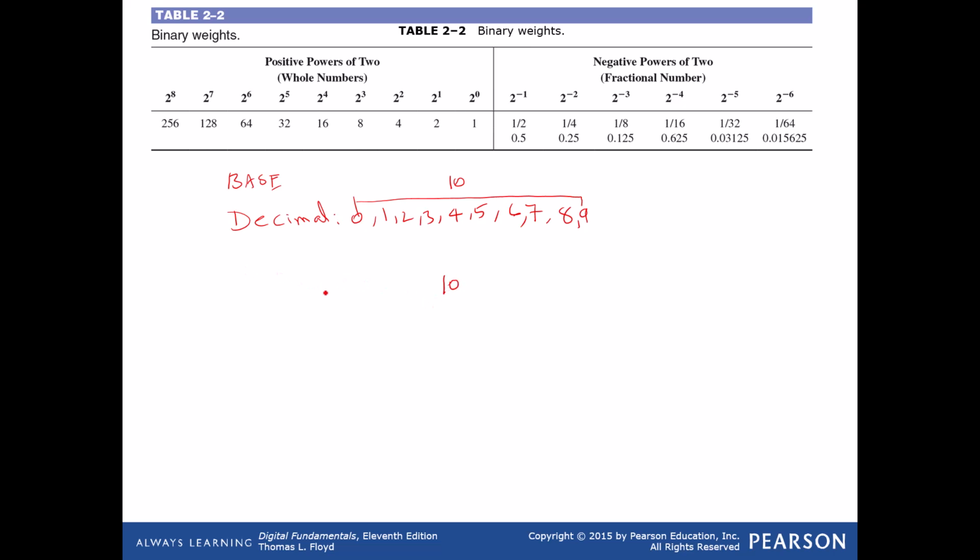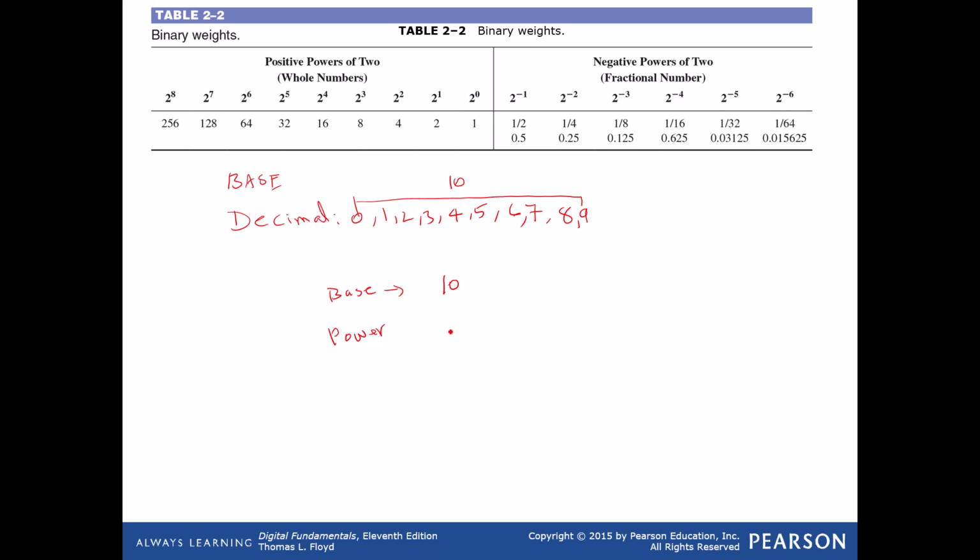Okay, so the base is 10. Along with that is something called the power of a number, which simply indicates if we take this base and multiply it by itself.